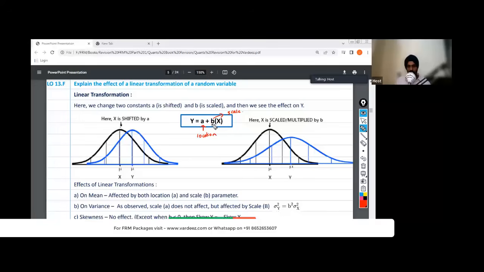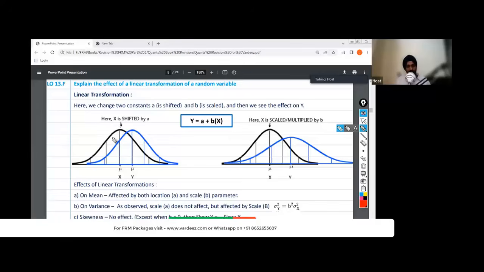Scale means you see this b, you're multiplying b by x, so when we multiply, we are scaling it, we are expanding it. And the location is like shifting things. That's what we mean by a and b.